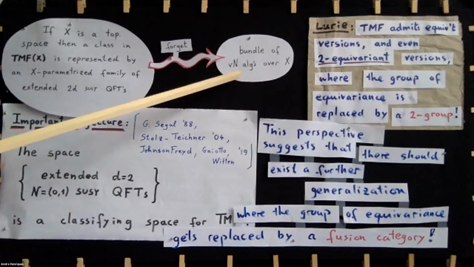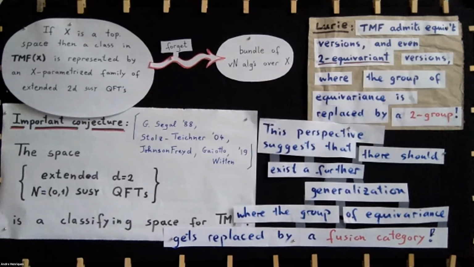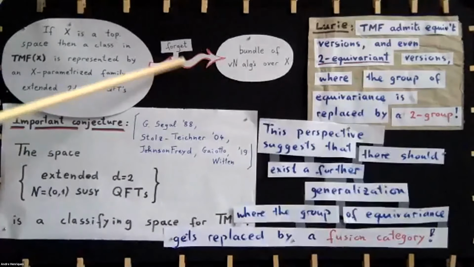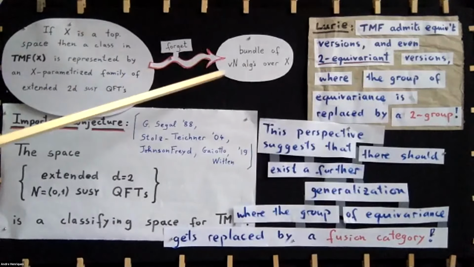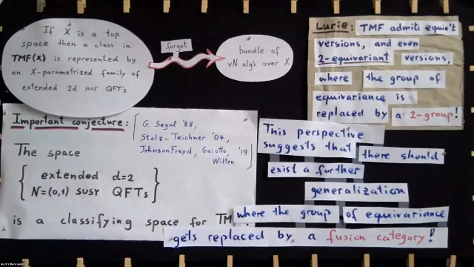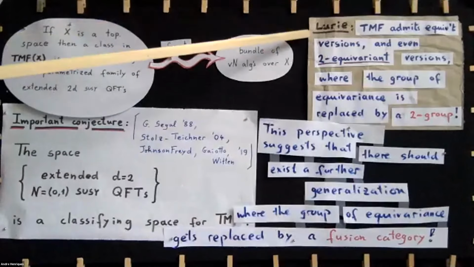And here we have bundles of von Neumann algebras, so we can say that all these von Neumann algebras are going to be acted on by a fixed unitary fusion category, C. And then whatever extra structure I needed to add to this bundle of von Neumann algebras in order to go back along this wiggly arrow, you can presumably do it carrying around this action of C.